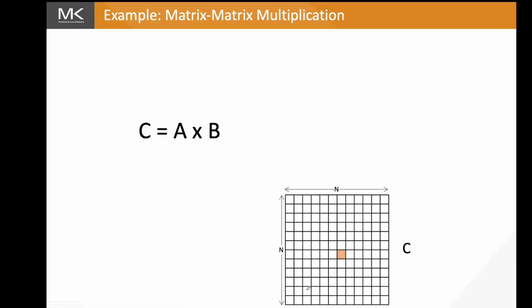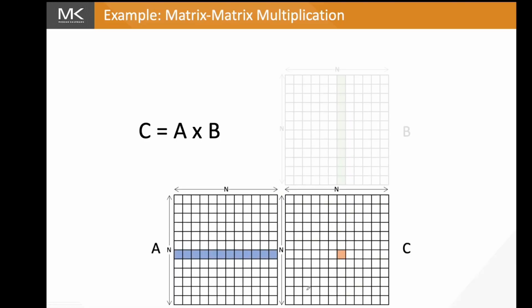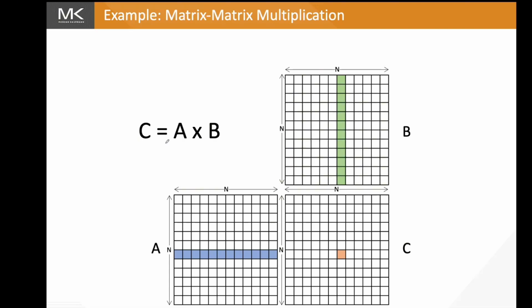From linear algebra theory, we know that if we want to compute A times B, where A and B are matrices, then for each element of C, which is the output matrix, we have to compute the dot product of the corresponding row of the first matrix and the corresponding column of the second matrix, right?